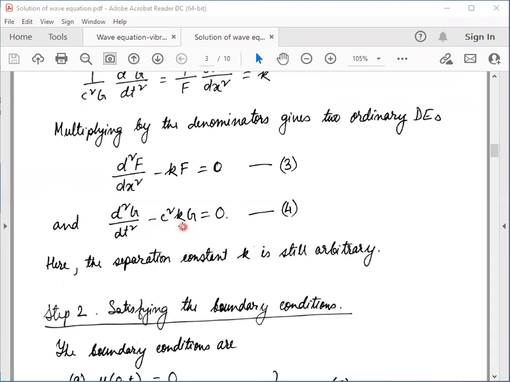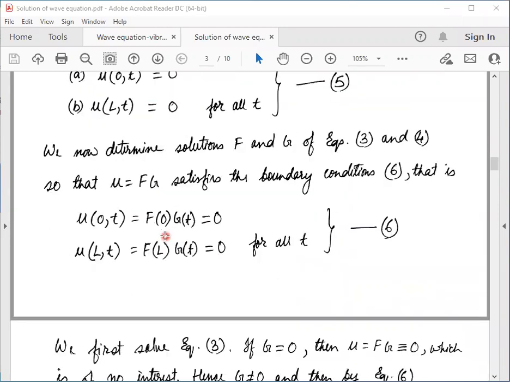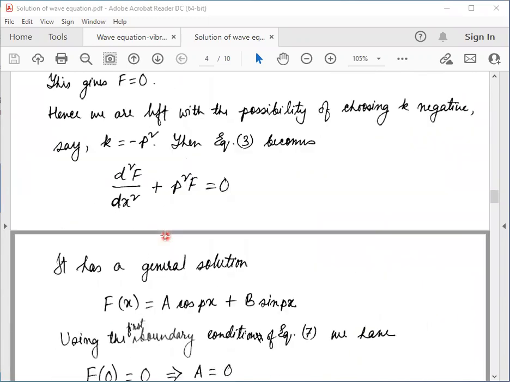And what is the value of p? P is n pi by l. So that p square will be n square pi square by l square. Okay, so let us look at that equation.